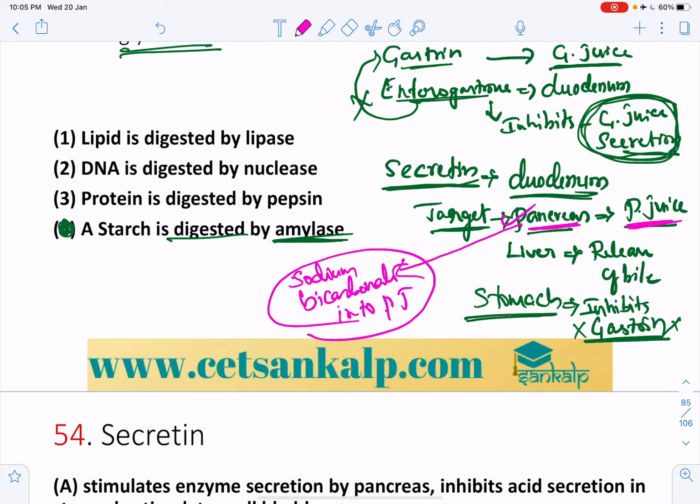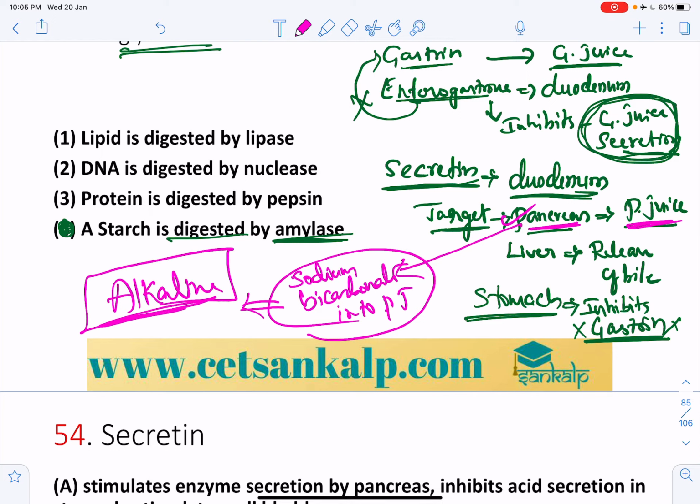This is the one major role, not rule, that is mainly to decrease the acidity, that is to convert the acidic food into alkaline. Then only can all the enzymes get activated.